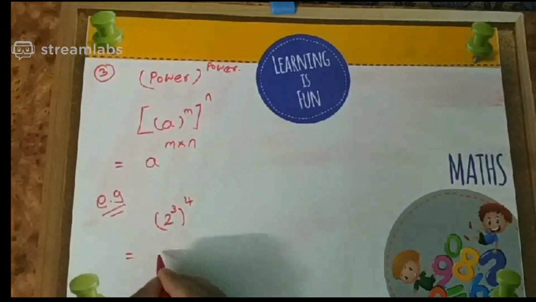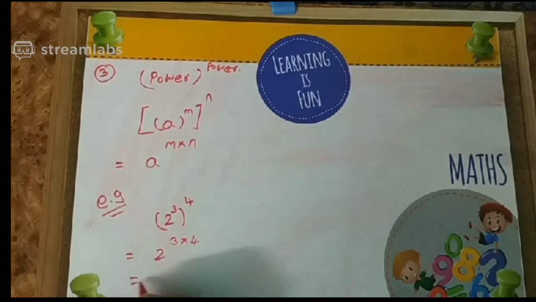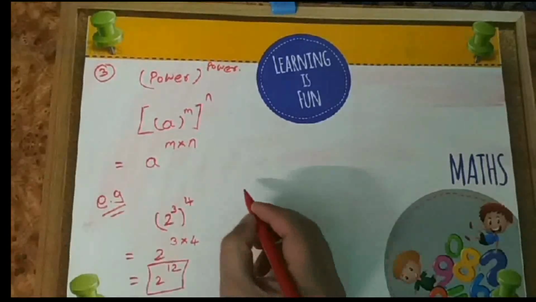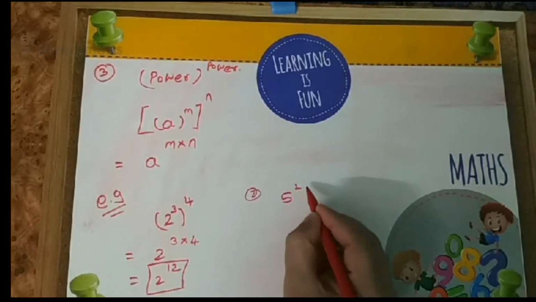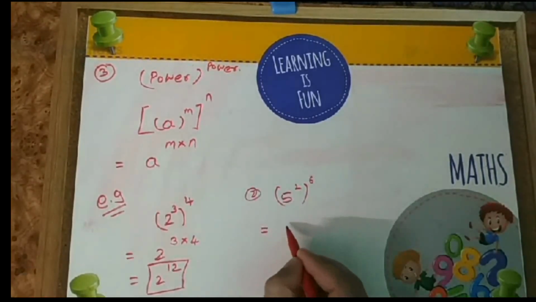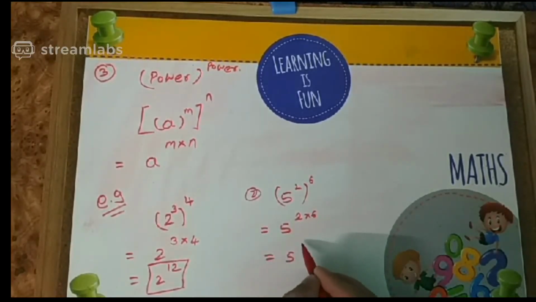So 2 will remain as it is, and 3 multiplied by 4, so my answer will be 2 power 12. If I give one more example, example number 2: 5 power 2 and whole power 6. So 5 as it is, 2 multiplied by 6, 5 power 12.